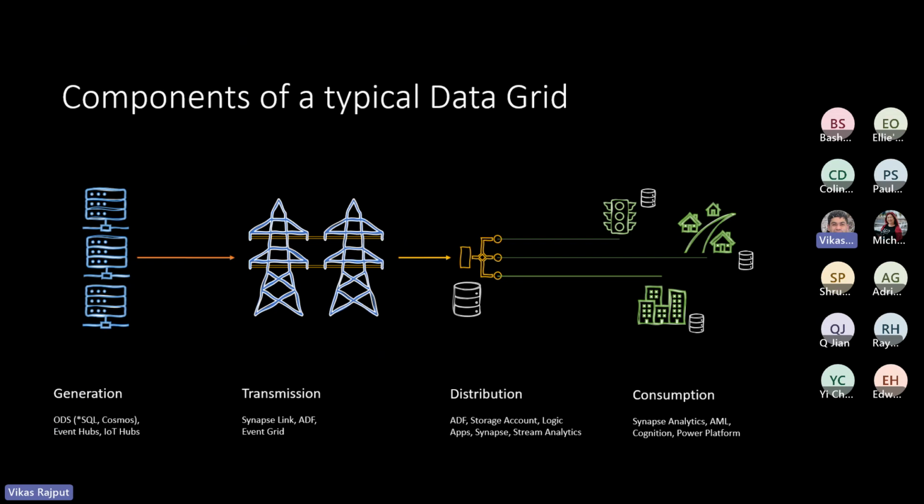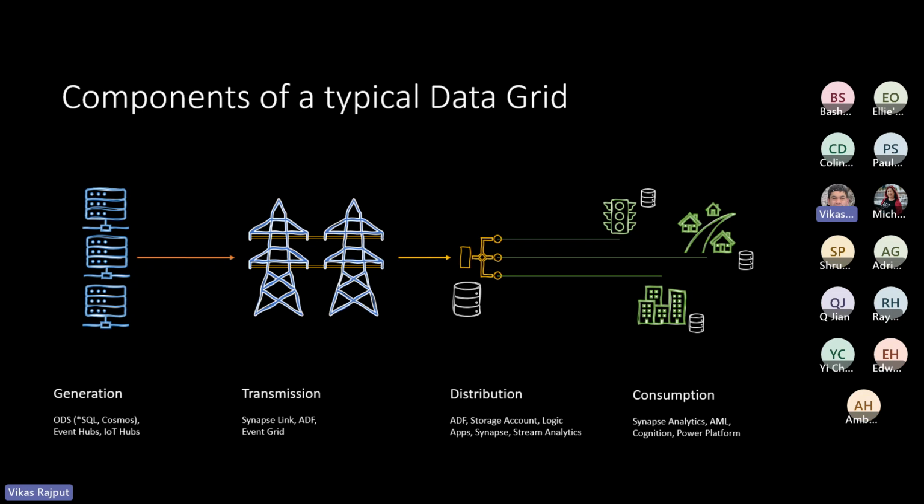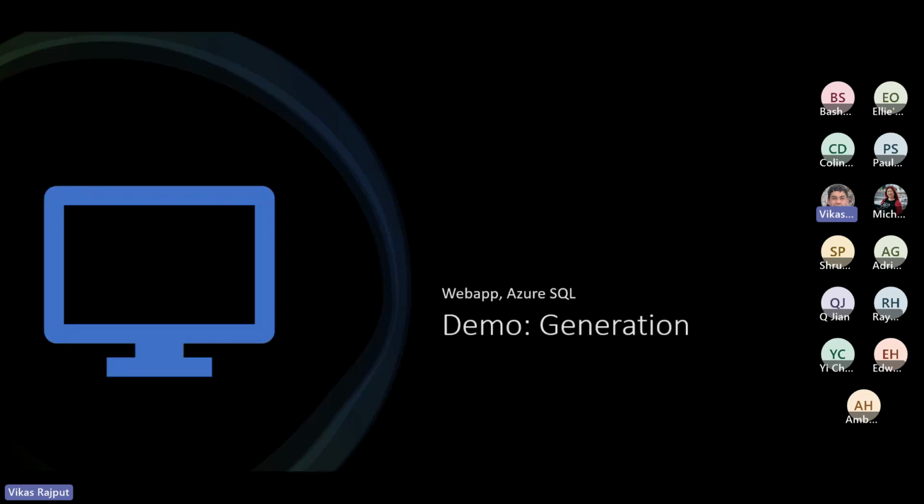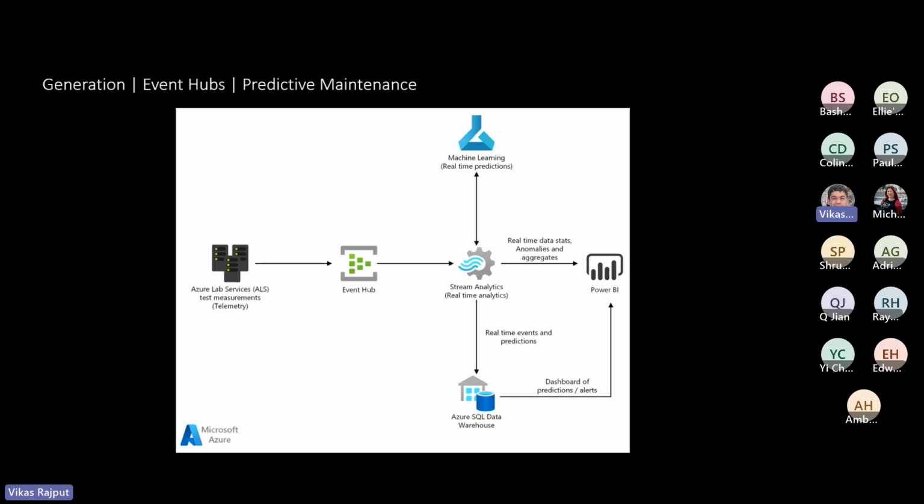In particular, we looked at web app and Azure SQL database as an example. But there are certain other generation services as well, and they include things like Event Hubs and IoT Hubs, which can then be used to transit data over to subsequent stages.